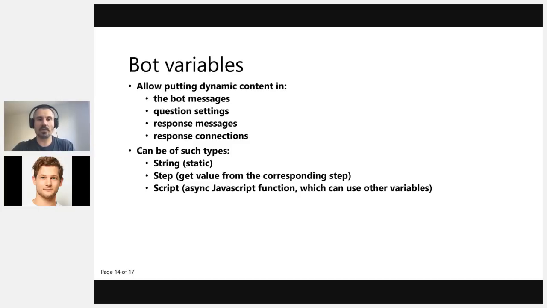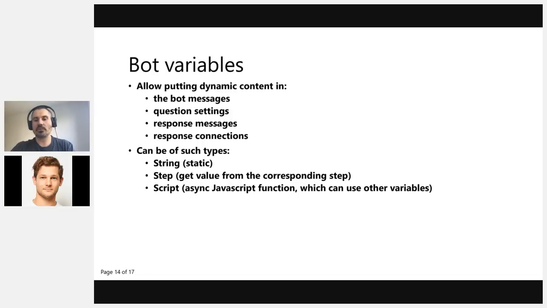An important thing to know about the variables is that they can be scripted. We call them script variables, and there you can program your logic, and that function is asynchronous, so you can call an external service in order to get the value of the variable, and a variable can use another variable for the calculation as well.